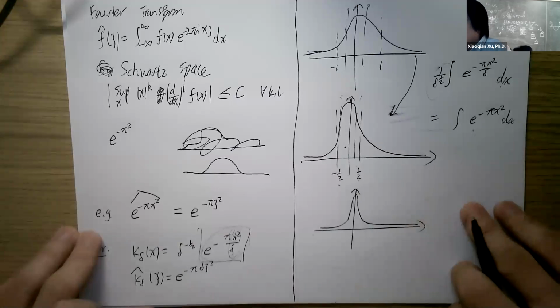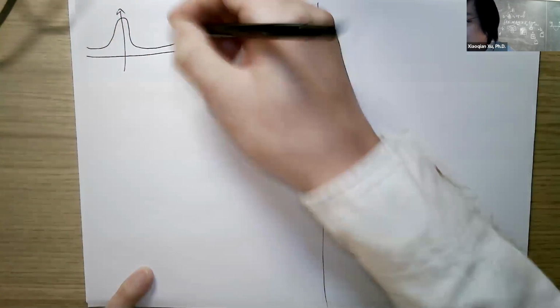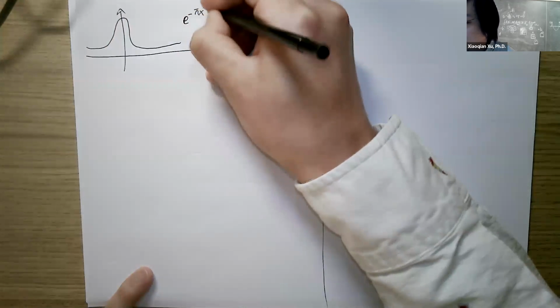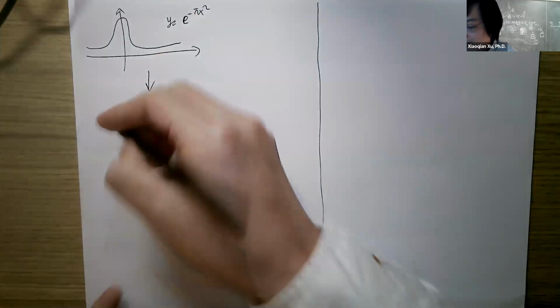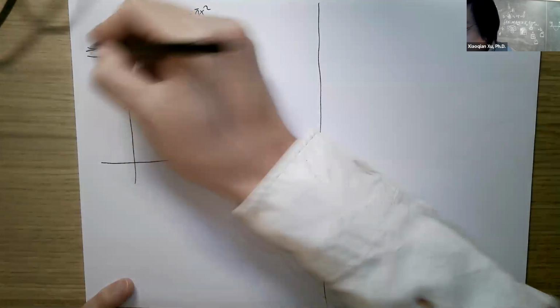So which means if you want to change from this Gaussian, for instance, this is Gaussian, e to the minus pi x squared, to somehow squeezing it, then what you really want is, well, it's decaying.